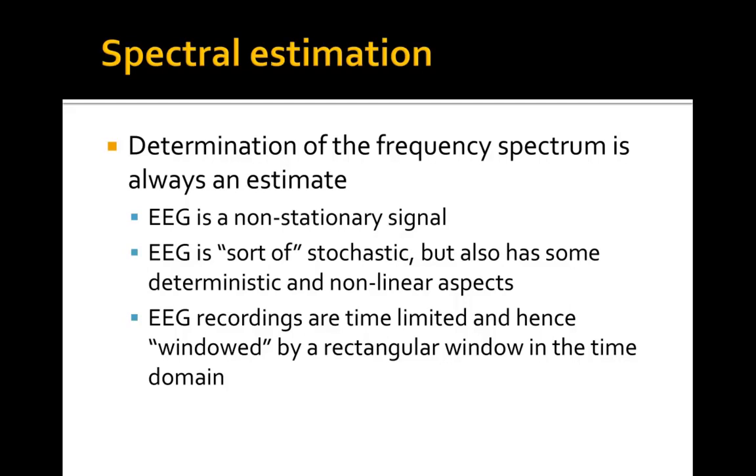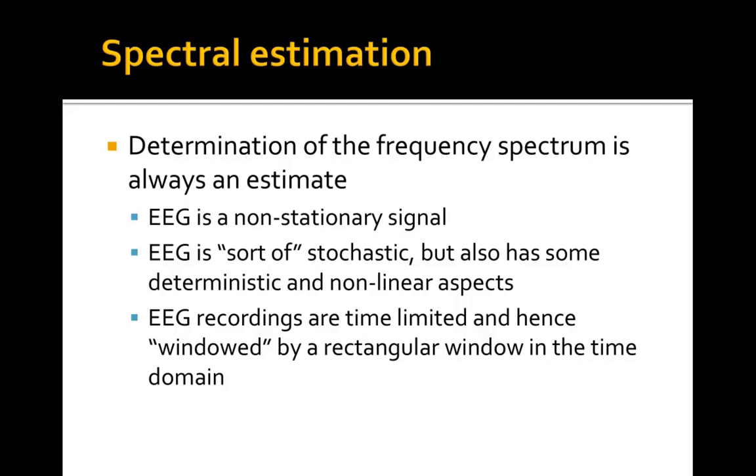But remember, when we calculate a frequency spectrum, if you're an electrical engineer, you know that the signal has to be stationary, it has to be linear. And so as soon as we start talking about nonlinear aspects of a signal and non-stationary aspects of a signal, we have to understand that the frequency spectrum is an estimate.